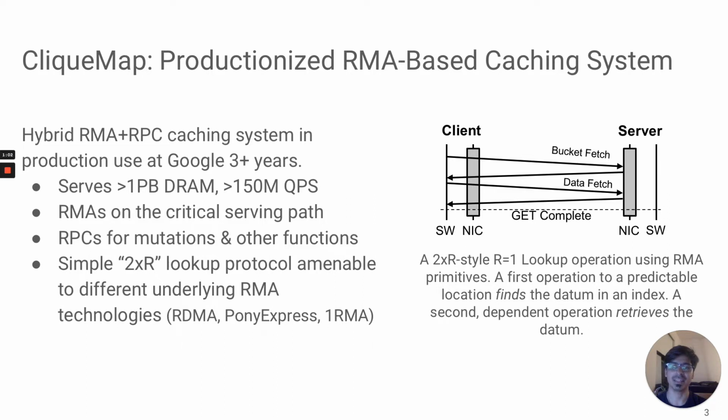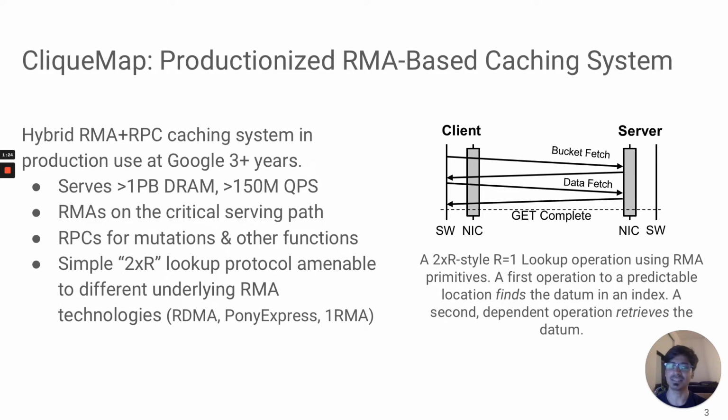The hash table entry contains a pointer to the location of the actual data itself. A self-verifying checksum ties the two reads together to detect race conditions. As the system has evolved, the logical idea of two reads in sequence still holds, but we've deployed optimizations to cut this down to a single round trip time in some cases.